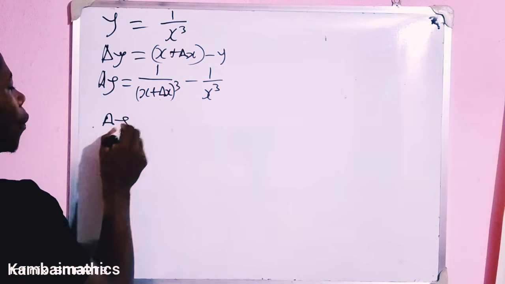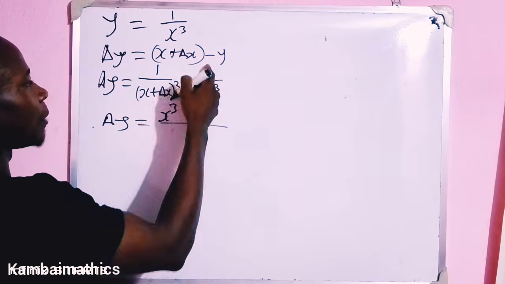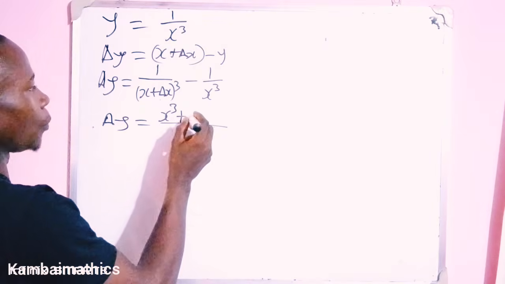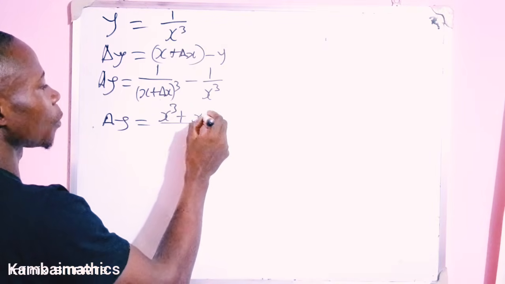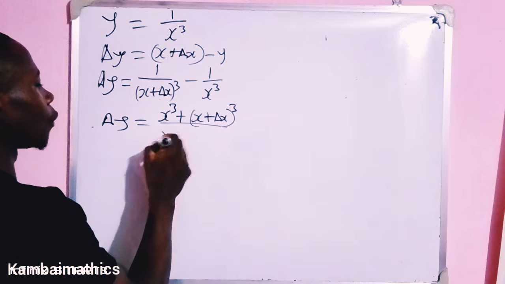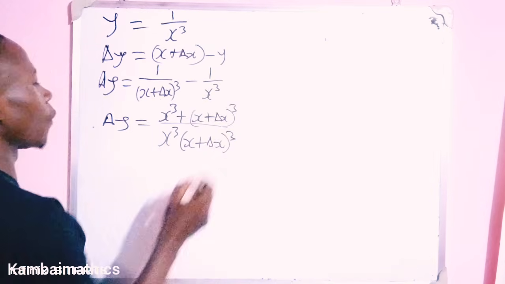Delta y is equal to, this time this is x cubed, so it will be x cubed minus x plus delta x all raised to the power of 3. Then this time this will give us x cubed in bracket x plus delta x raised to the power of 3.